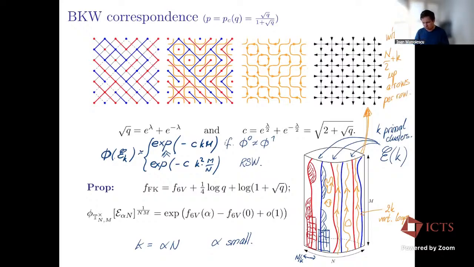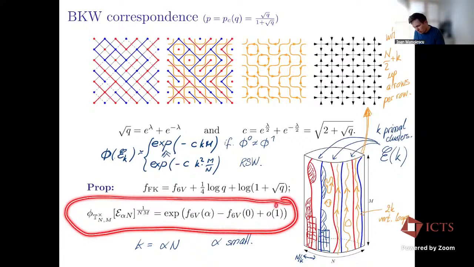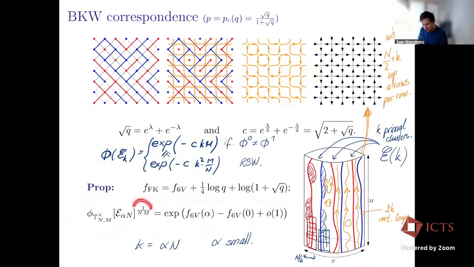And this contributes to Zk as it was written. And so if you take k to be alpha times n, you get this sort of equality. There are a lot of boundary terms here, the orientation of the loops and so on, but all of these get lost because you're looking always at the volume effect here.